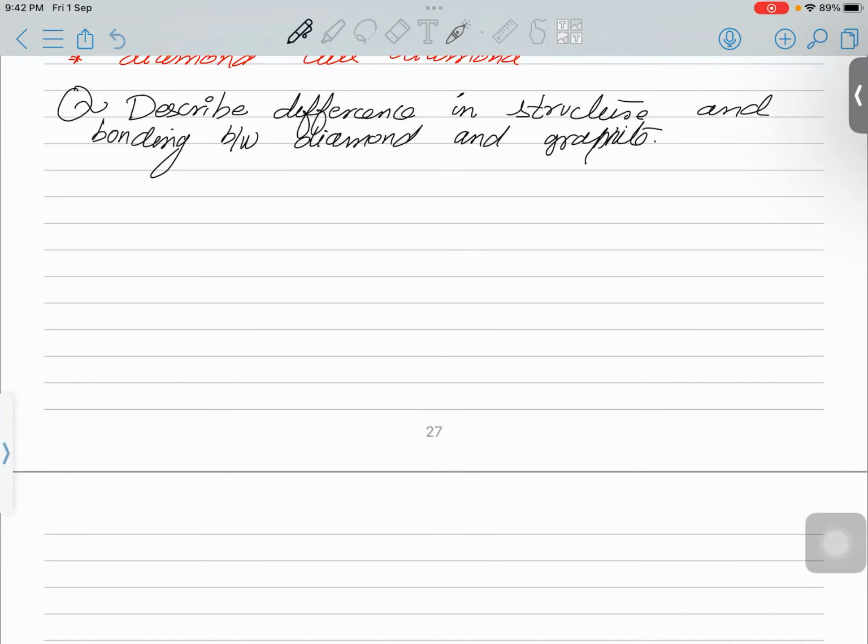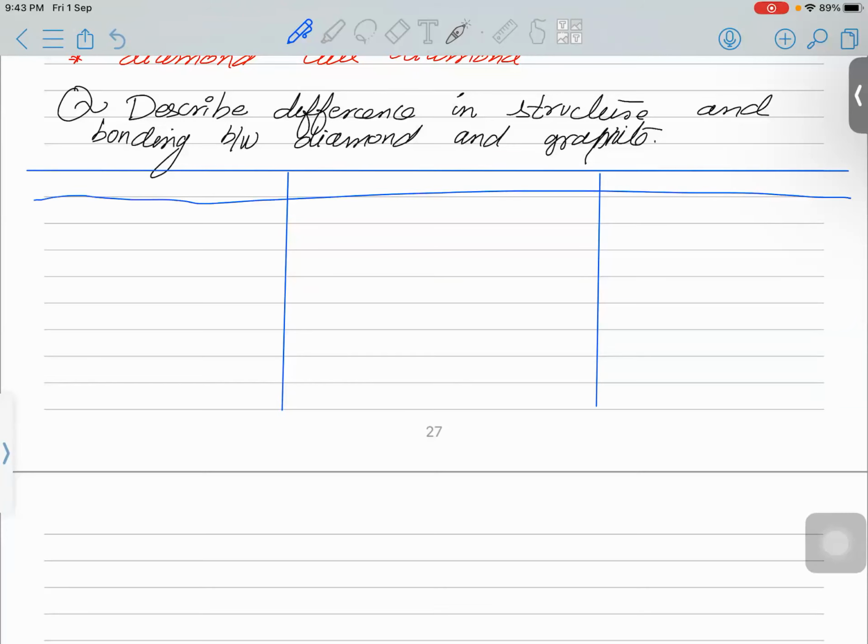Now make 3 columns. Here diamond. Here we have graphite.